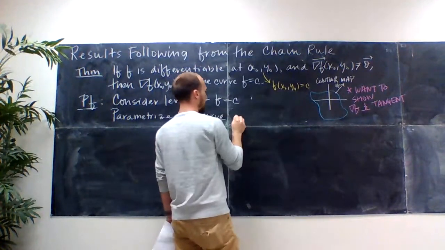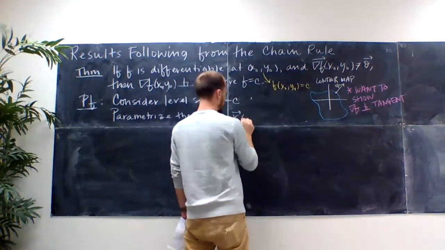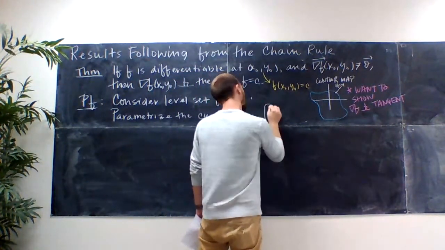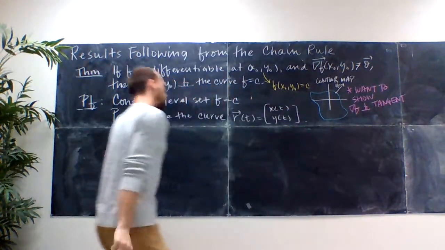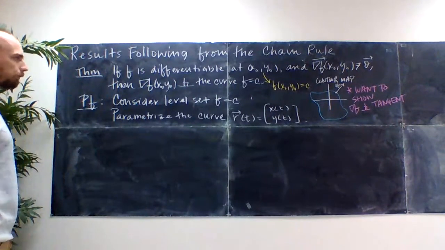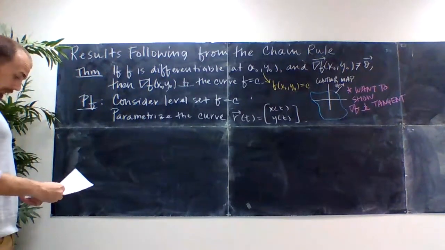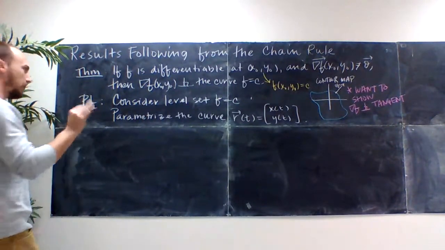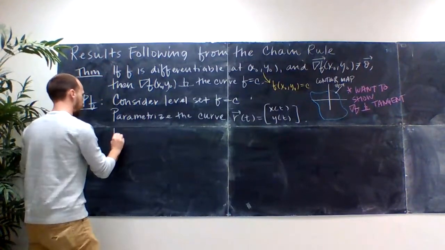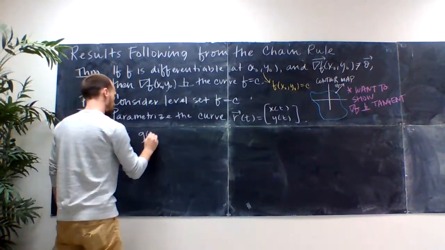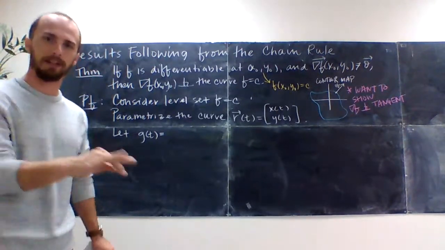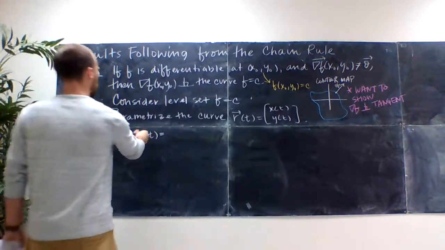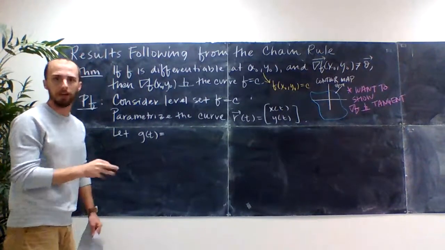Parameterize the curve r of t equals x of t and y of t. Now we're going to let g of t, which is how all of these have gone, pass into a single variable looking function.